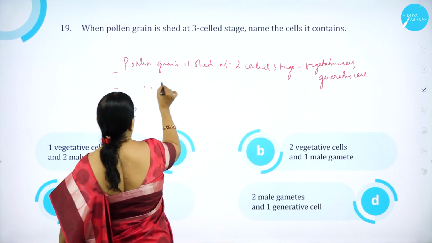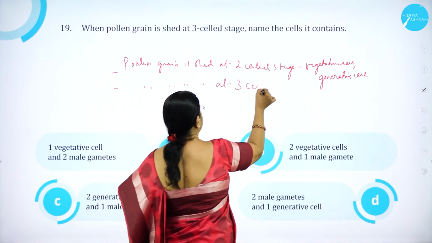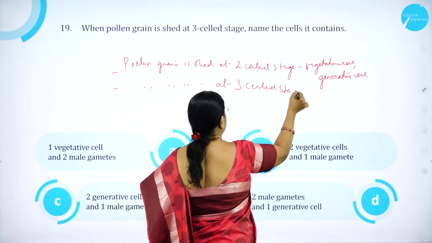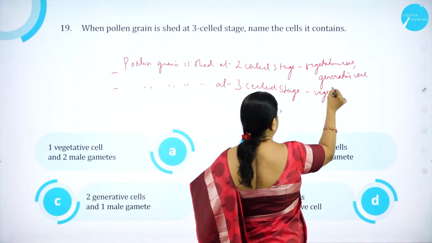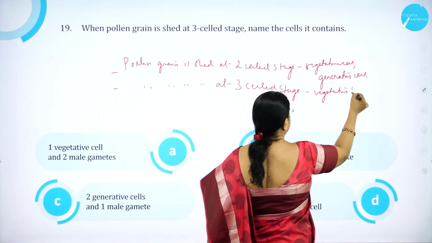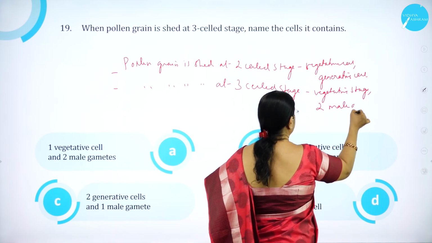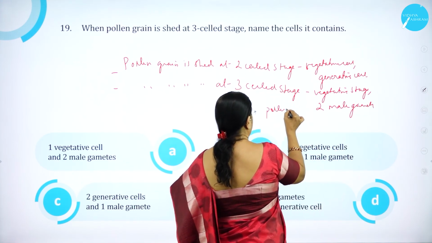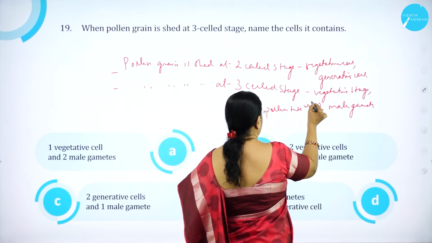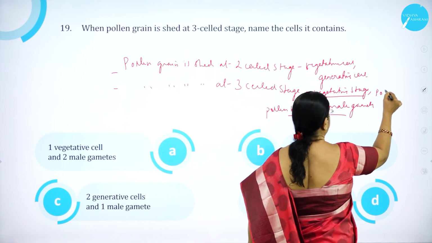Sometimes the pollen grain is shed at 3-celled stage. 3-celled stage means what? That is the vegetative cell and 2 male gametes. Pollen tube with 2 male gametes, and the vegetative cell will form what? Pollen tube.